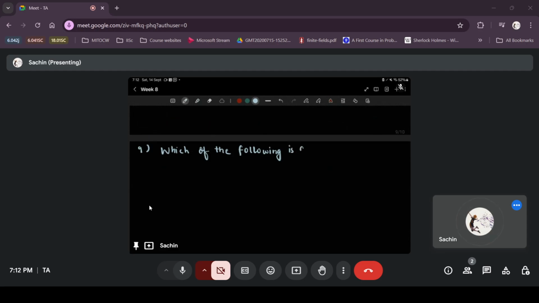I guess the course team had a different vision, but usually these will be given as motivating examples at the beginning of the course. Which of the following is a valid international standard book number? I won't write the entire thing.